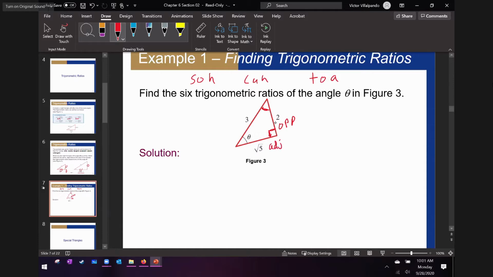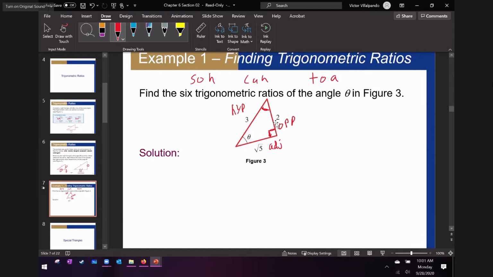That's my adjacent side. And the longest side of the triangle is your hypotenuse. If you don't know this yet, the hypotenuse is the side opposite the right angle. So if you know where your right angle is, just look across it and you find your hypotenuse. Then, with respect to the angle you're talking about, you label your adjacent and your opposite side.